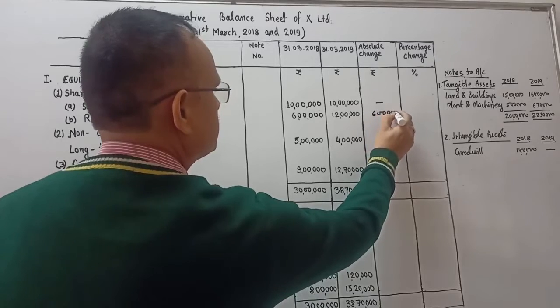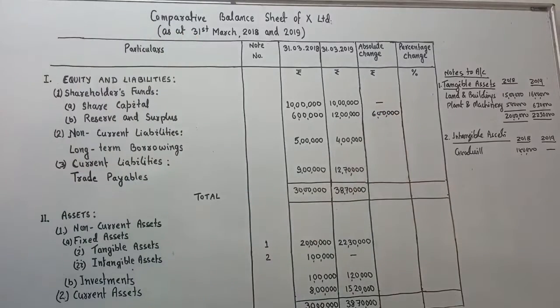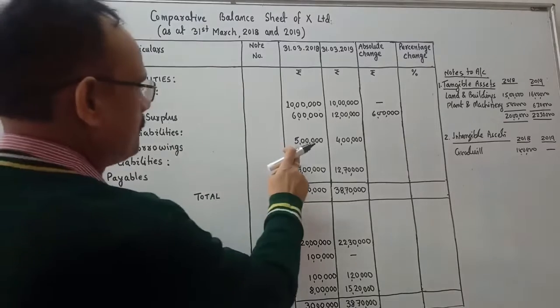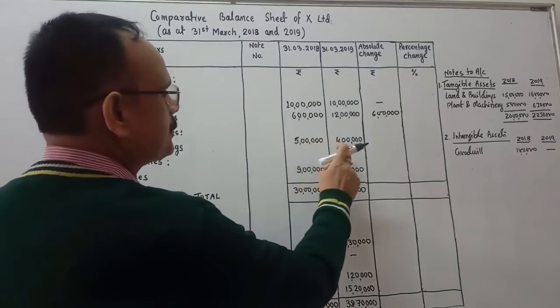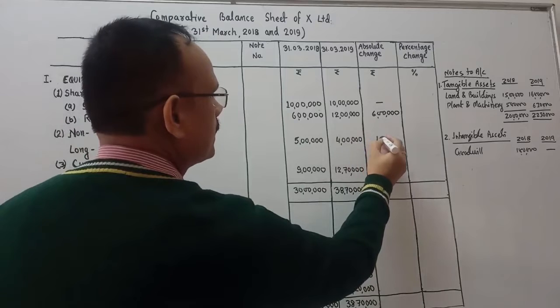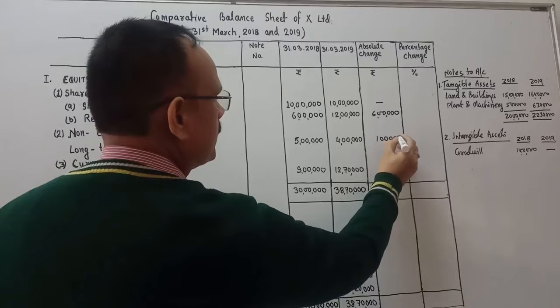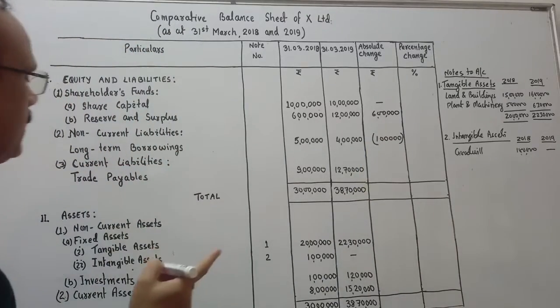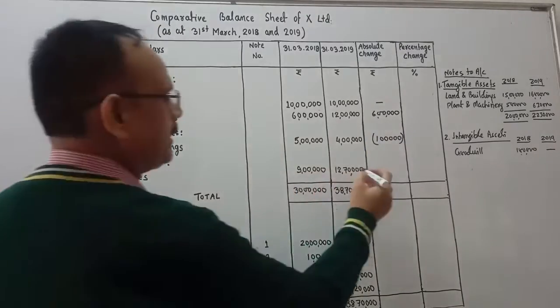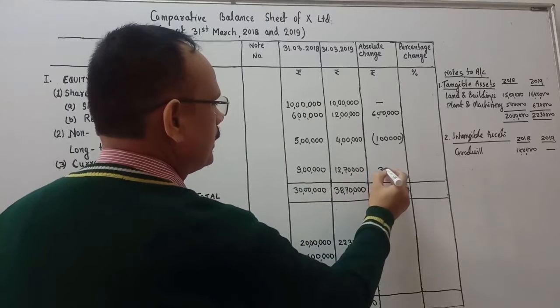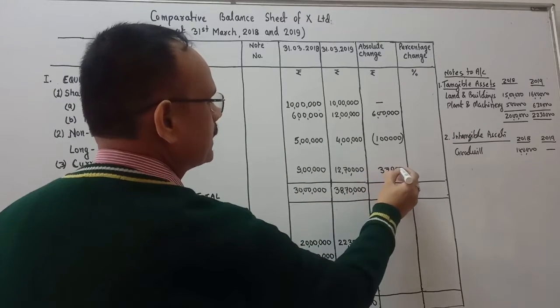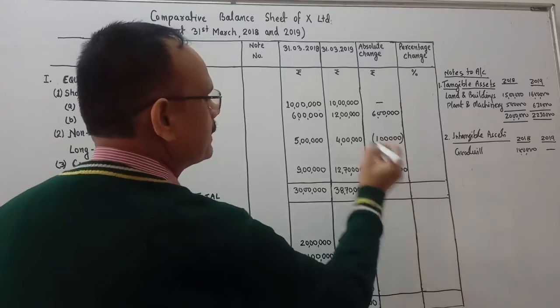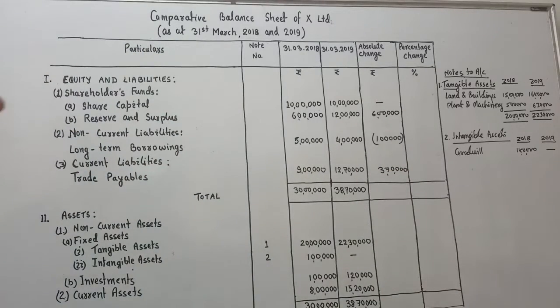Next is your long term borrowings, 5 lakhs previous year and this year 4 lakhs, so it is reduced by 1 lakh, it's a negative. Trade payable 9 lakh and 12 lakh, so it is increased by 3 lakh 70,000.